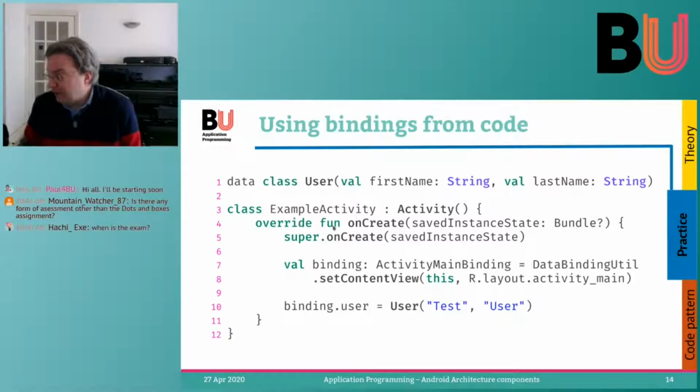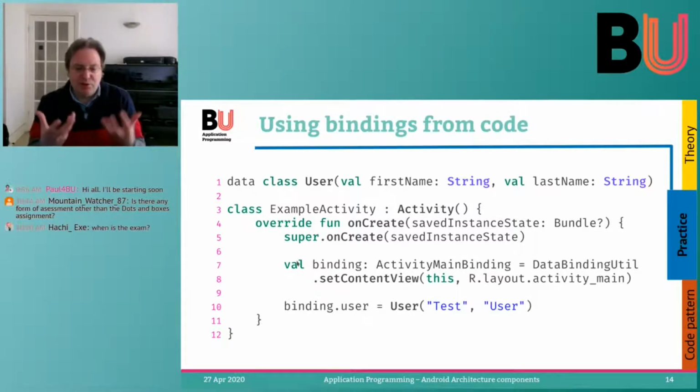And then in your onCreate, what you can do is actually create the binding. The suggested way of doing this is, instead of doing the regular set content view, you just use DataBindingUtil.setContentView. What that does is it does the regular set content view, but it also creates the binding.